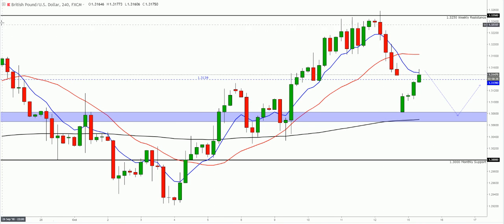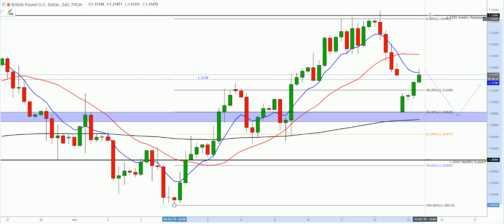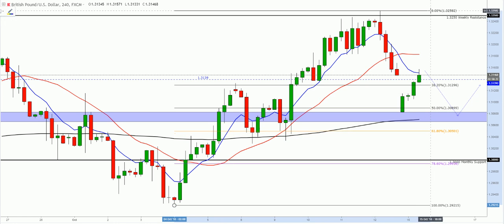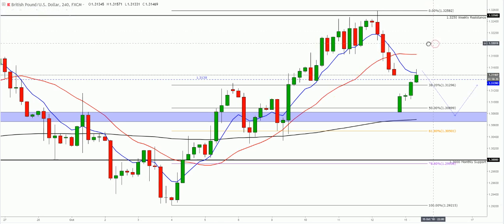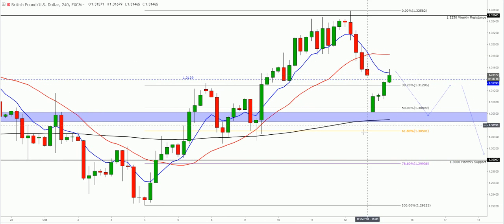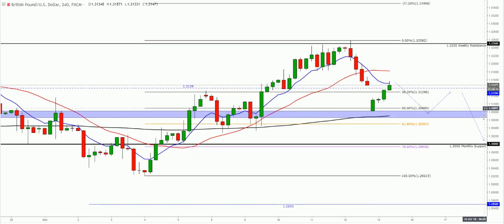But yeah, it's always worth remembering the alternative setup, the alternative scenario, which has upside Fibonacci.